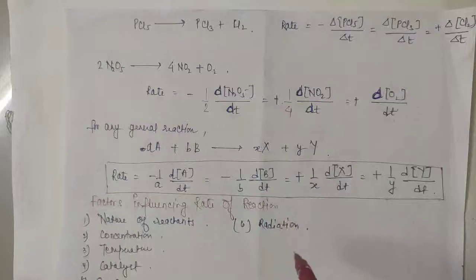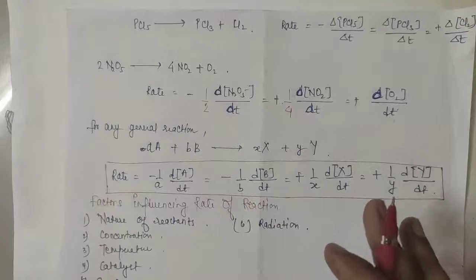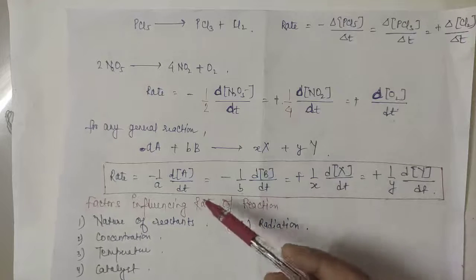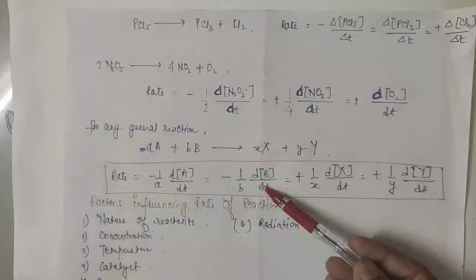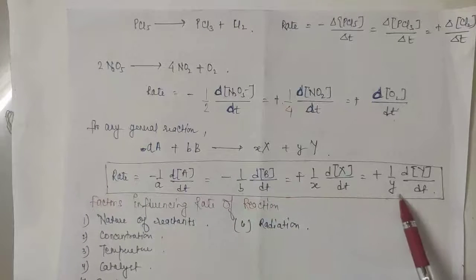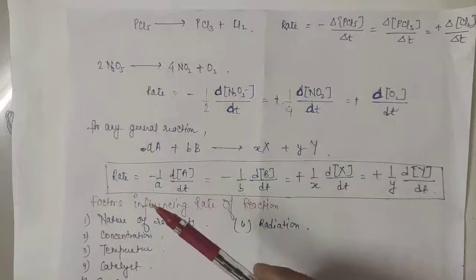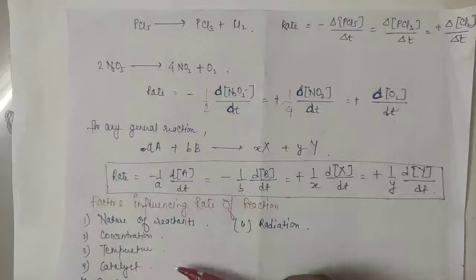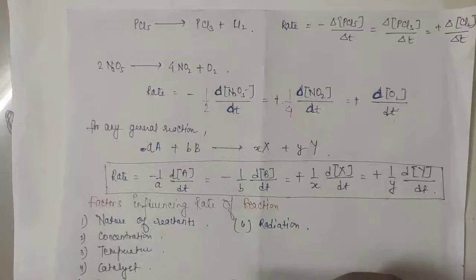Okay, now to make the different expressions equal or equivalent, the rate expressions are divided by the stoichiometric coefficient, and the slope of the concentration versus time graph gives the rate of reaction.